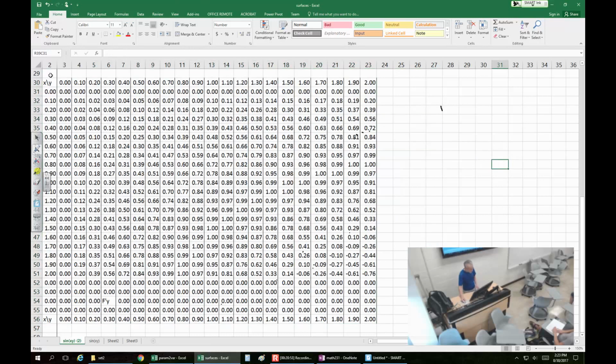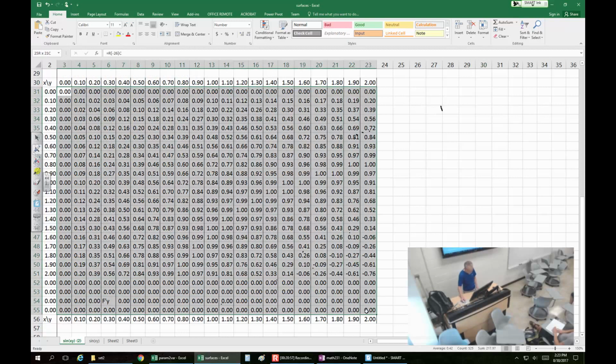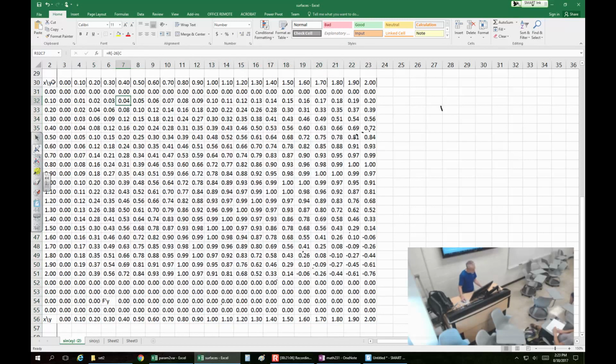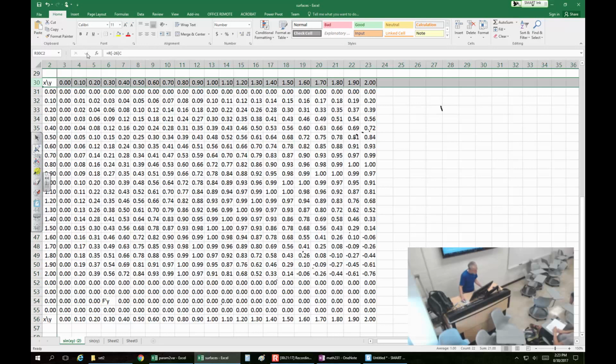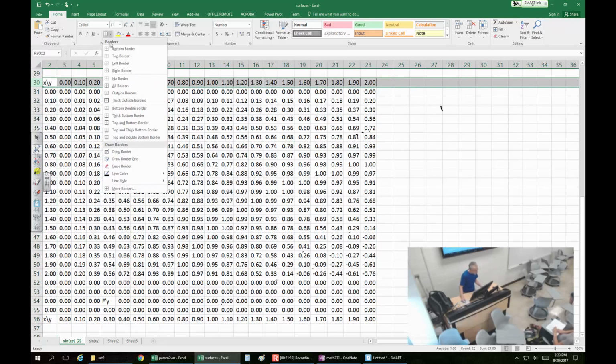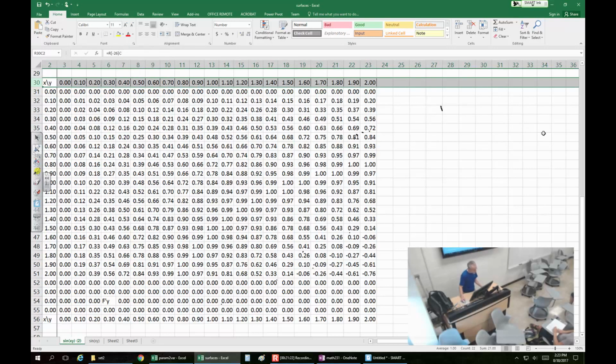Once again there are too many borders. So the right border and the bottom border. Okay, so these are the x's and y's.